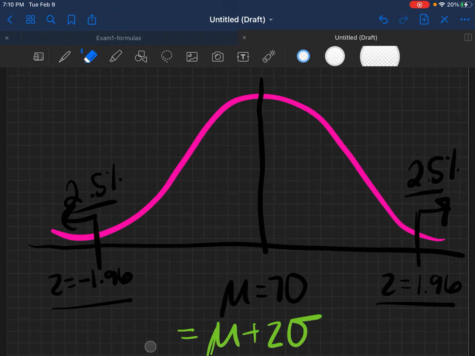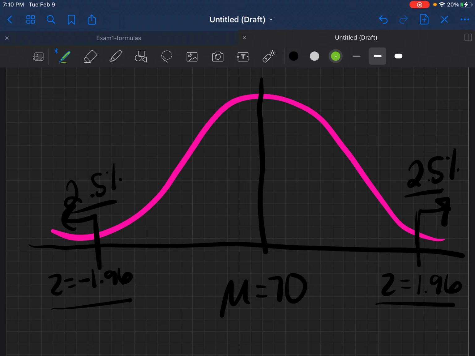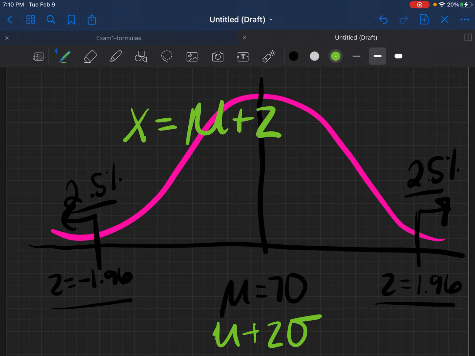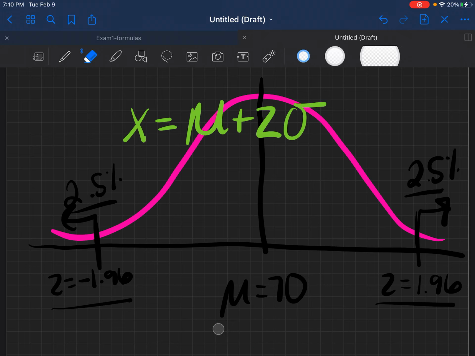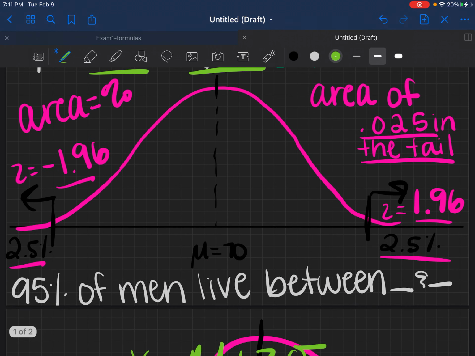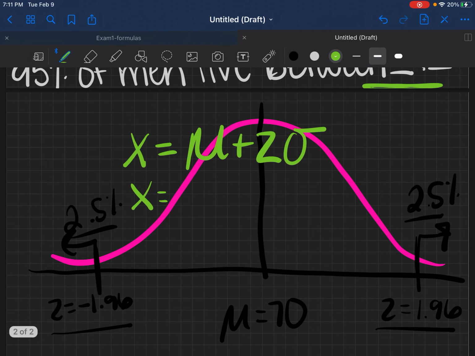Let's see if I can put this in a place that's a little bit easier for us to see. I'm actually going to draw it right on top of the graph. Okay, so for our first x value, which is going to be the lower age in this little sentence here, x equals mu, which we were already given as 70, plus z.